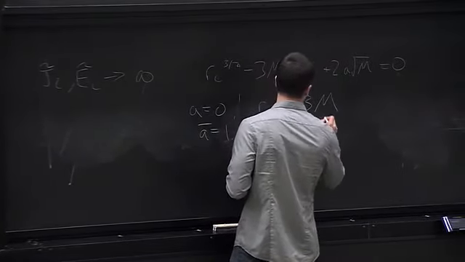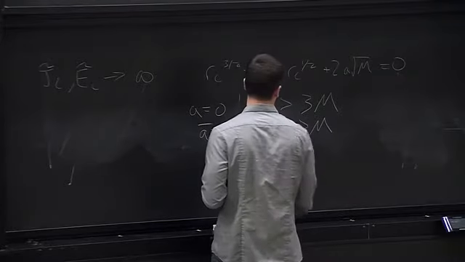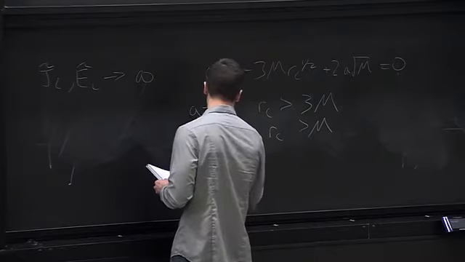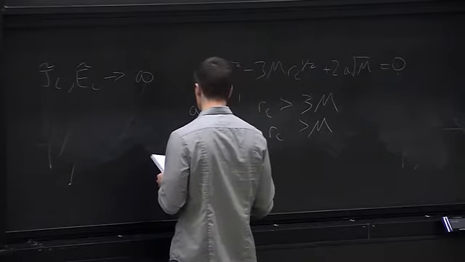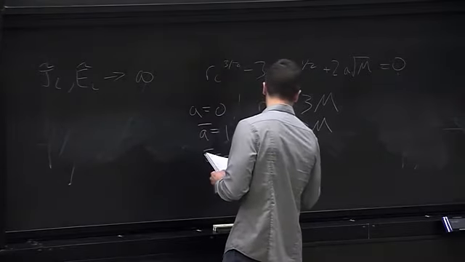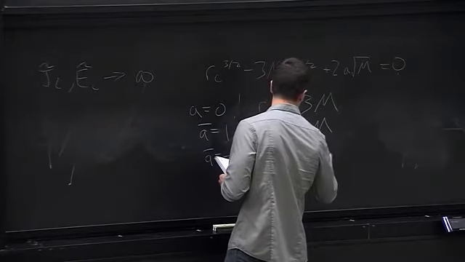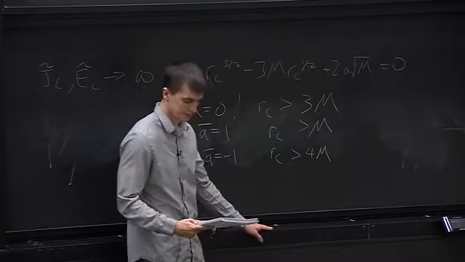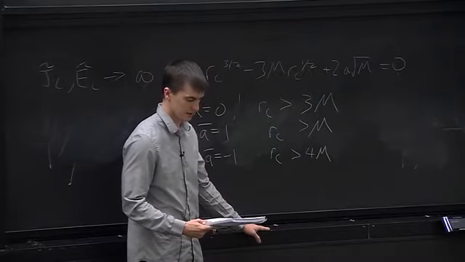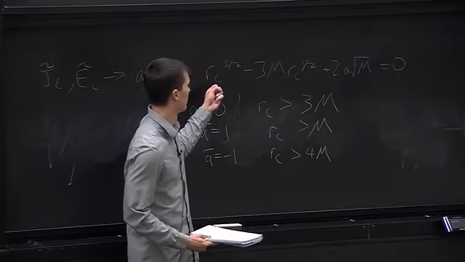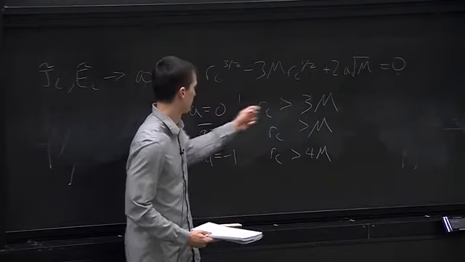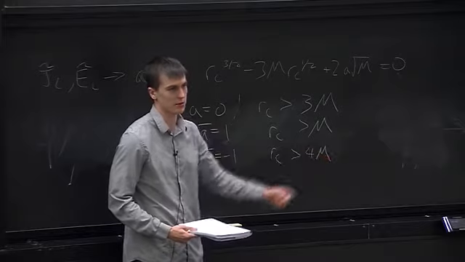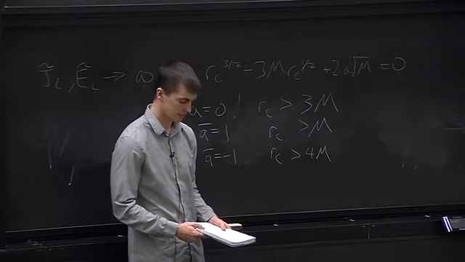In that case, the solution is just the radius is greater than m. And then we can look at the retrograde case with extremal spin. In that case, the lower bound on circular orbits is 4m. And so when the radius has these values, that corresponds to a photon orbit. That would be followed by a null geodesic.